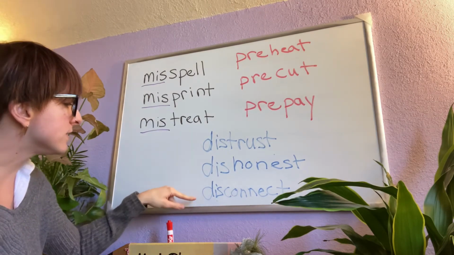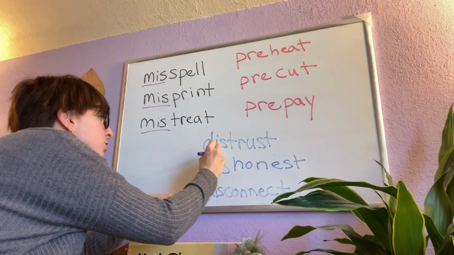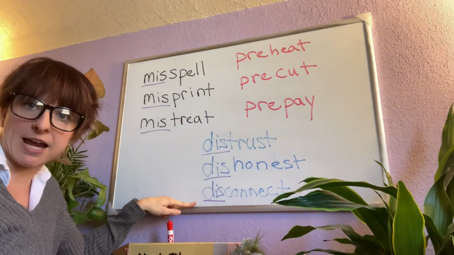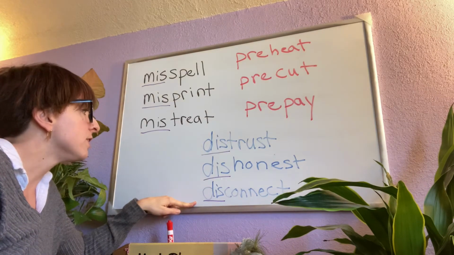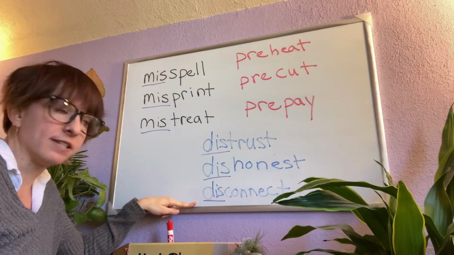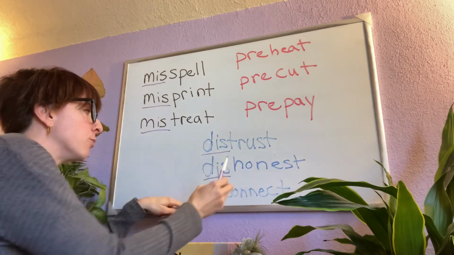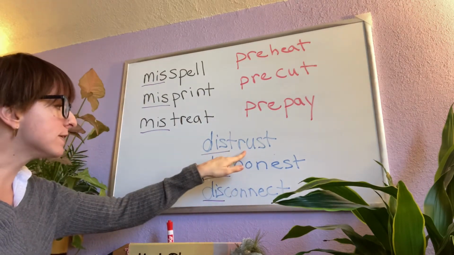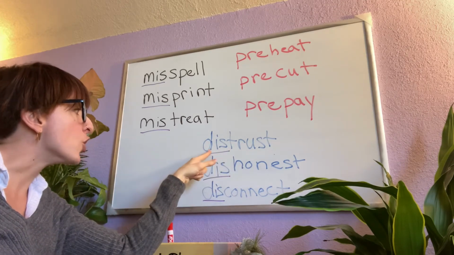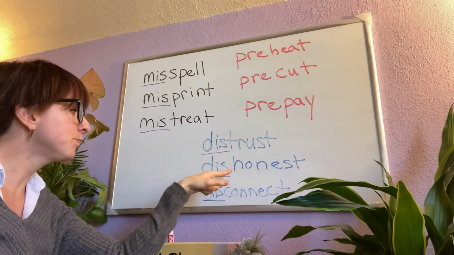Distrust, dishonest, disconnect. You may have noticed that all 3 of these words have DIS at the beginning of them. These are all prefixes. These word parts, these prefixes, change the meaning of the word. So we have trust, but when I put dis in front of it, distrust means not to trust.